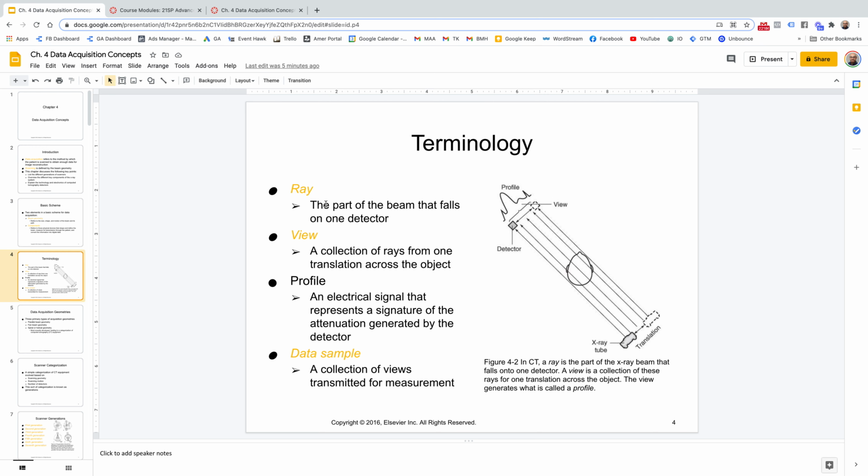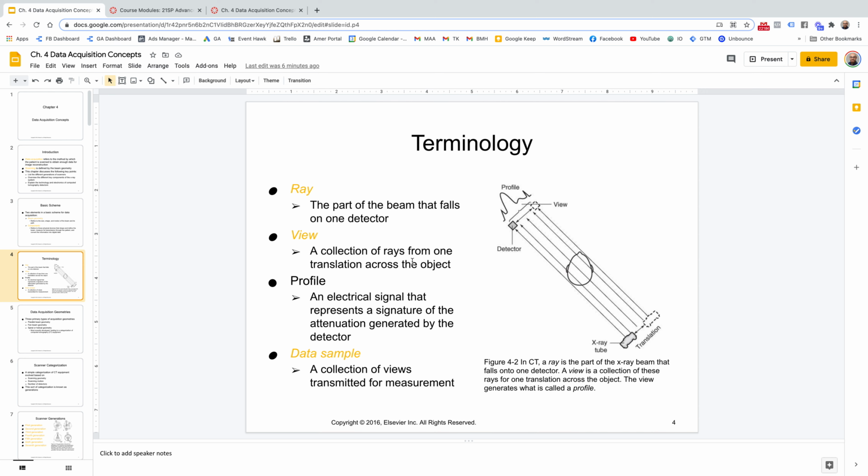You want to know these terminologies. What's a ray, a view, a profile, and a data sample? A ray is the part of the beam that falls on the detector. The X-rays come out of the tube, but not all of them hit the detector, so a ray is the part of the beam that hits the detector.